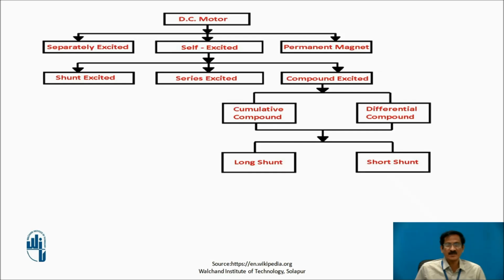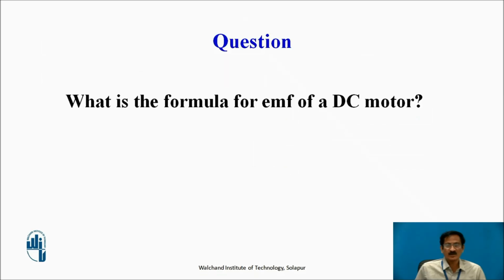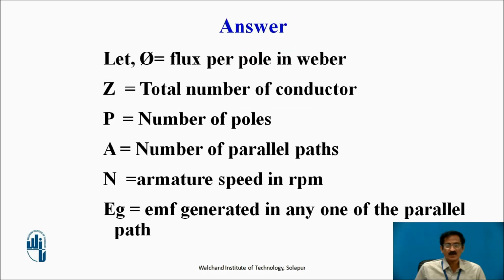These are the classifications of DC motors: self-excited, separately excited, shunt, series, and compound motors. What is the formula for the EMF of a DC motor? Let φ be the flux per pole, Z the total number of conductors, P the number of poles, A the number of parallel paths, and N the armature speed in RPM.